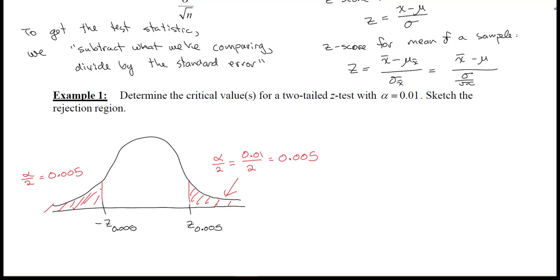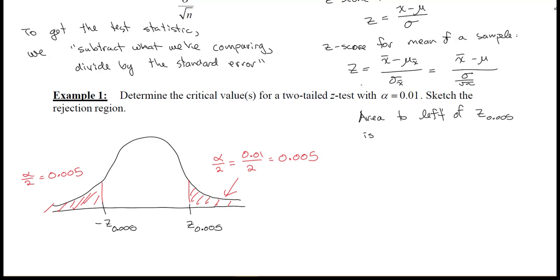Okay, and so what we need to do is go to the table and figure out what this is. So if we want to find z.005, what do we need to do? We need to figure out the area to the left of z.005.